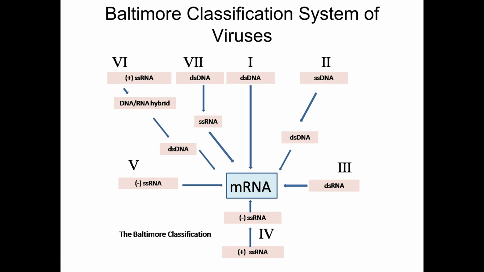There's an enzyme that these viruses produce called RNA-dependent RNA polymerase. It is an RNA polymerase that reads RNA and turns it into RNA. When we talked about RNA polymerase, it read DNA and copied it into RNA. These viruses don't play by the rules that we're used to. So those are a couple of examples, but the big question with all these groups is, how do you get to mRNA?